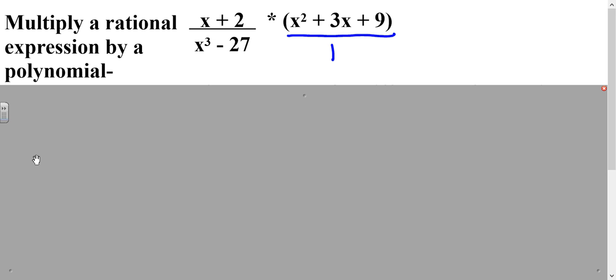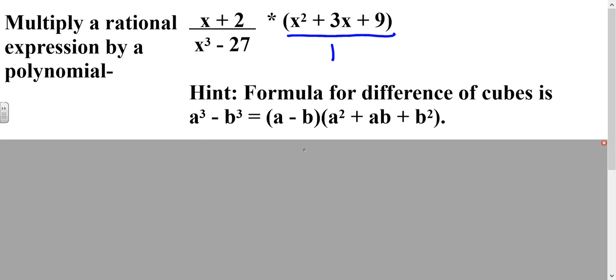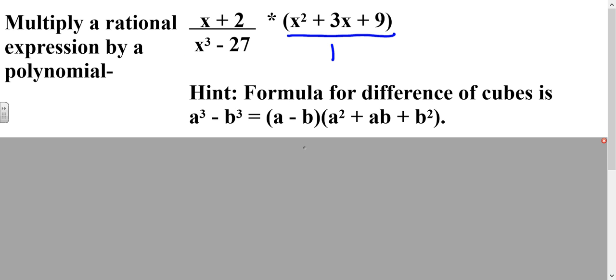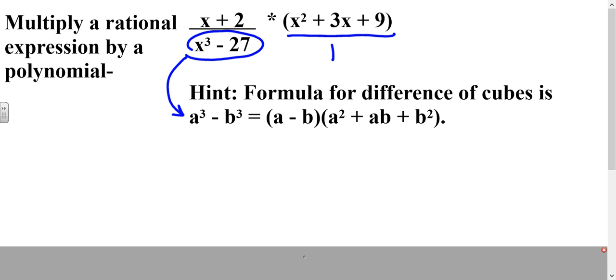Okay, then we can follow the same exact steps that we did in the last example. Now remember, this right here is a difference of cubes. So when I factor it, I need to use my formula for the difference of cubes. Okay, so from here, x plus 2 cannot be factored.